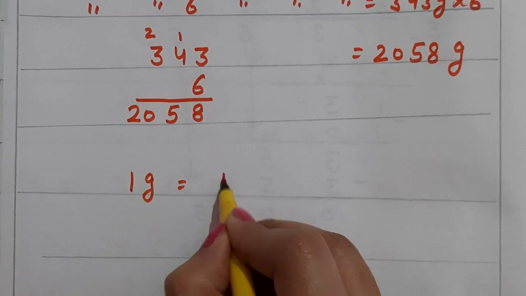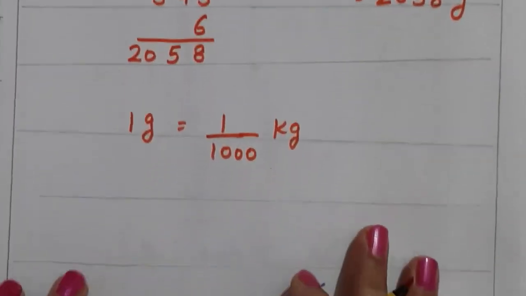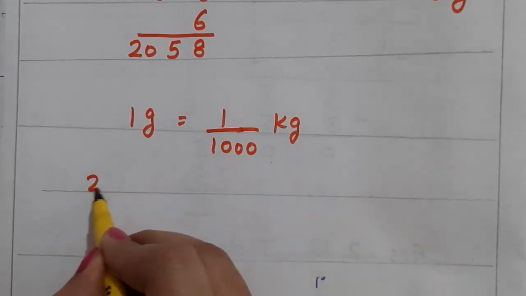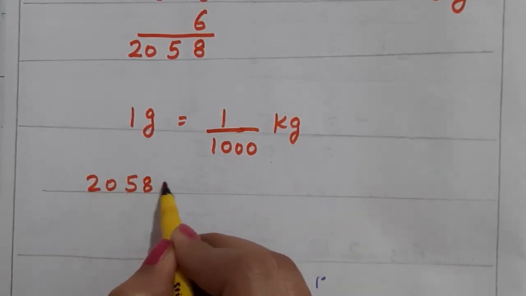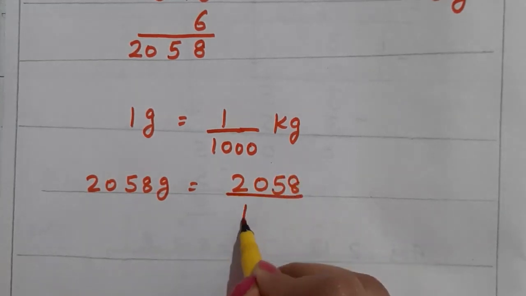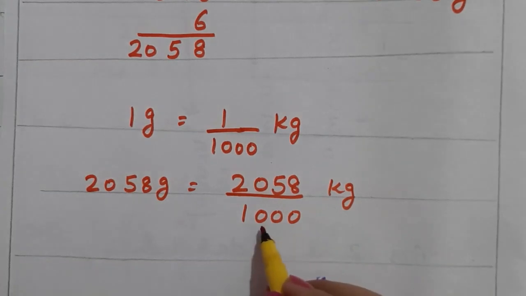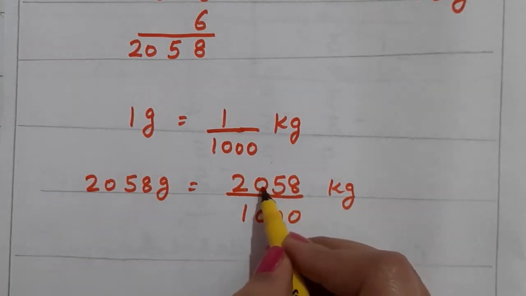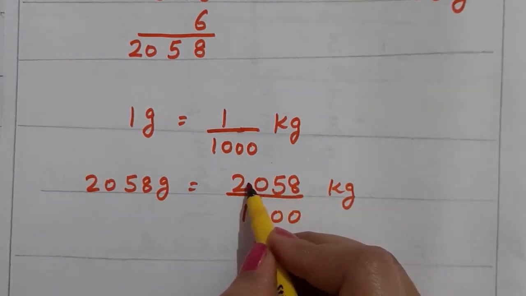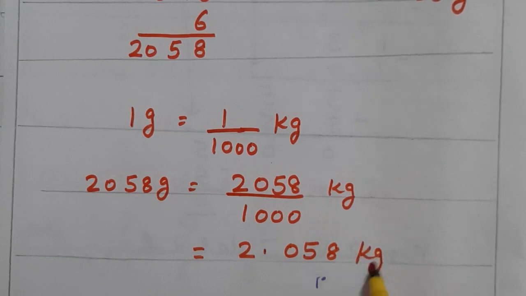So 1 gram is equal to 1 upon 1000 kilogram. And 2058 gram is equal to 2058 upon 1000 kilogram. Denominator is containing 3 zeros, 1s, 10s, 100. Here we will put decimal before 100. So it will become 2.058 kilogram.